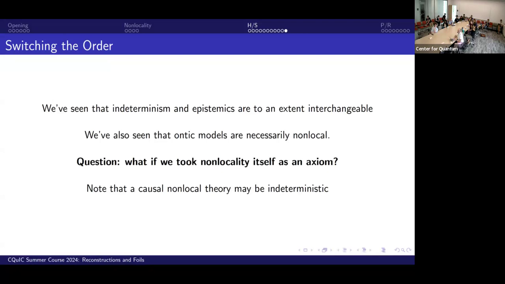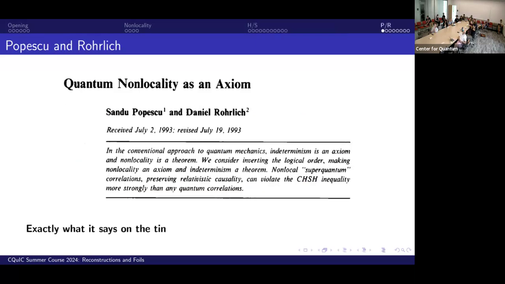Let's say that we still have causality. If the theory is both causal and non-local, it kind of has to be indeterministic by definition, because multiple different things in non-causal regions can all affect what's happening at your one point. And that's what this paper is about, which is exactly what it says on the tin, as it were.